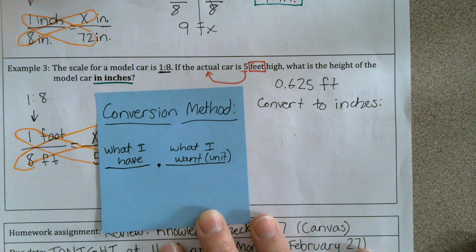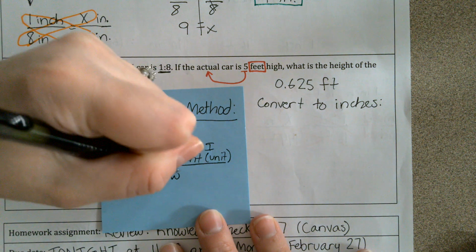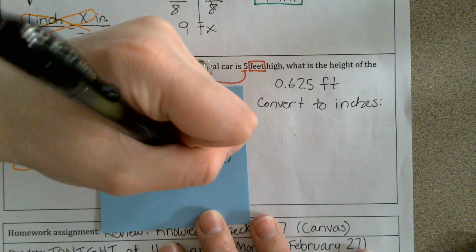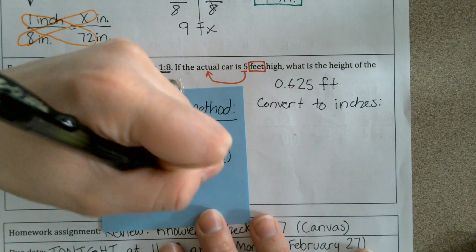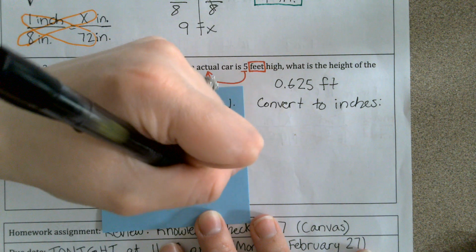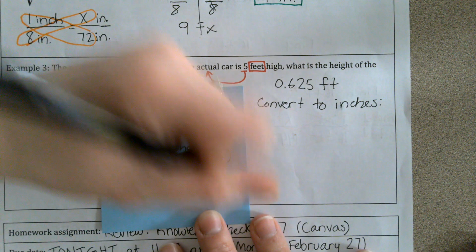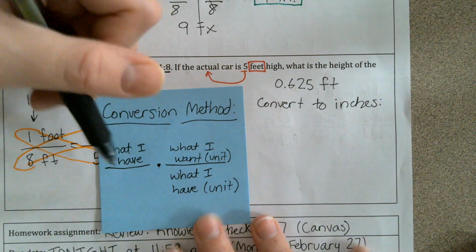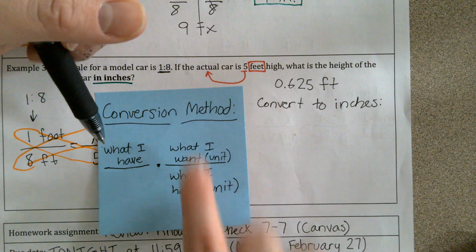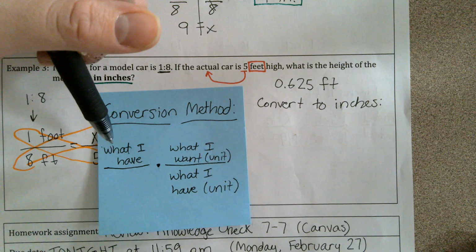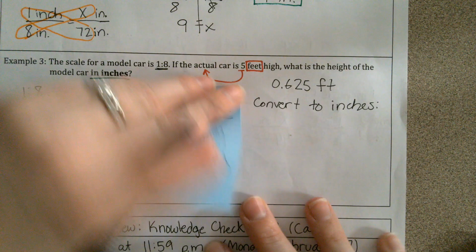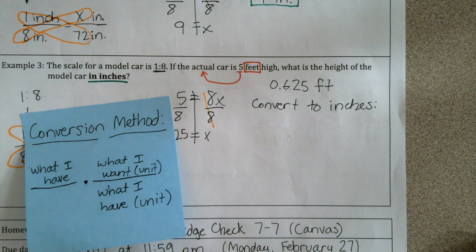This is going to be the unit. And on the bottom, you will again put what I have. And that is the unit that I have. So what I have will be the full number plus the unit. These will be just the units that I want, and then I'll go from here. So I could have explained that a little bit better, but hopefully when I go through it, it makes more sense.